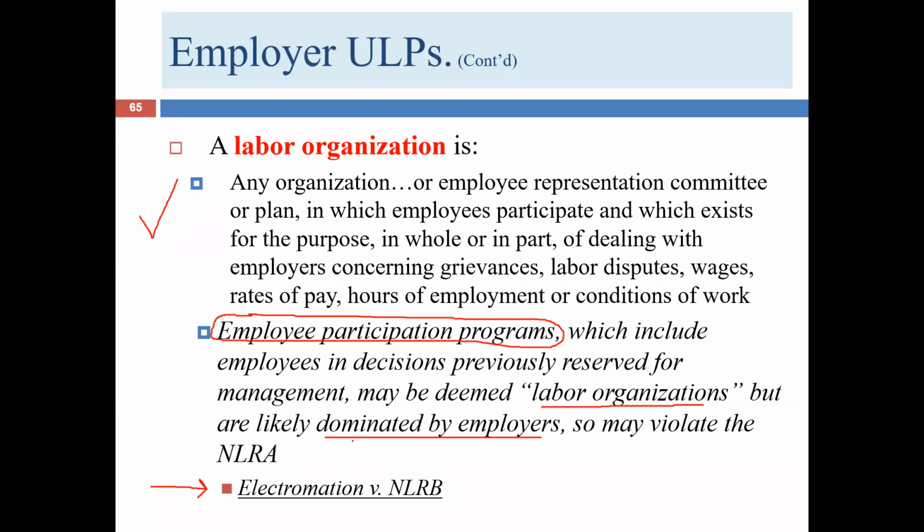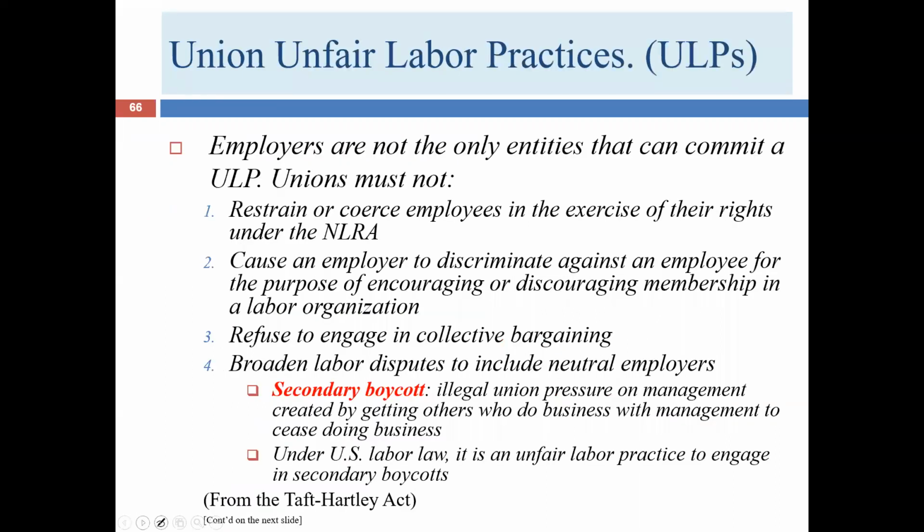So if you have a client that wants to use some of these quality circle groups or whatever, they need a lot of guidance as to how to do these types of activities so that they don't run afoul of this type of case law. It can be done, but it has to be done carefully.